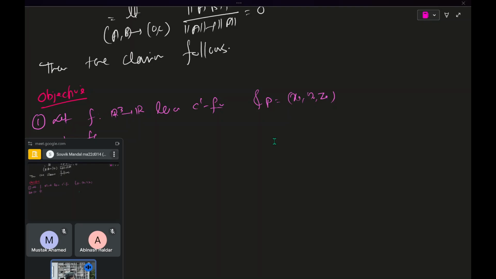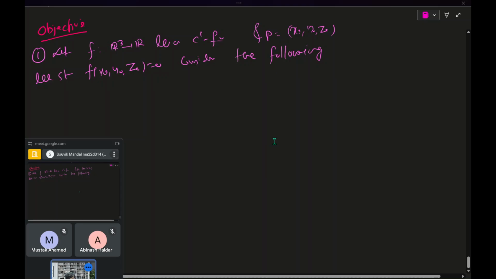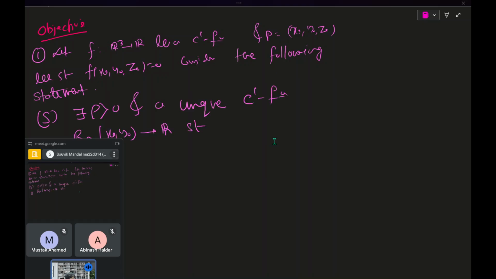Now consider the following statement. Statement 1: there exists rho greater than 0 and a C1 function g with g(x0, y0) = z0 and f(x, y, g(x, y)) = 0.